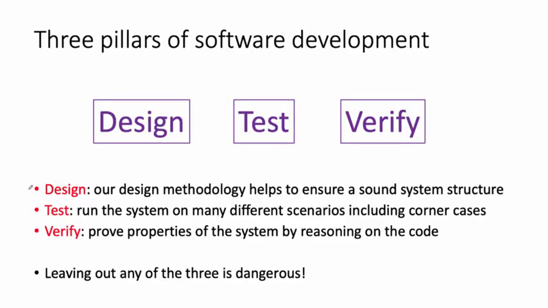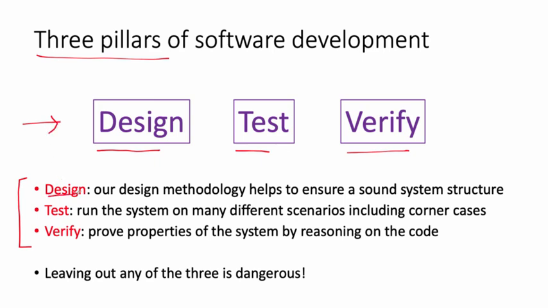Okay? So, to conclude this methodology, I want to emphasize three pillars of software development, and you have to do all three. If you're missing one of these, you'll be dead, okay? It's design, test, and verify. And in this kind of system, a multi-agent system, which is very complicated, the need for these three is very important.